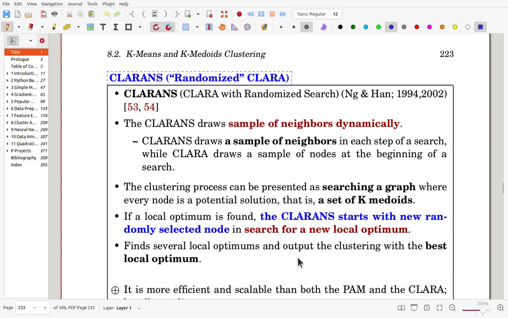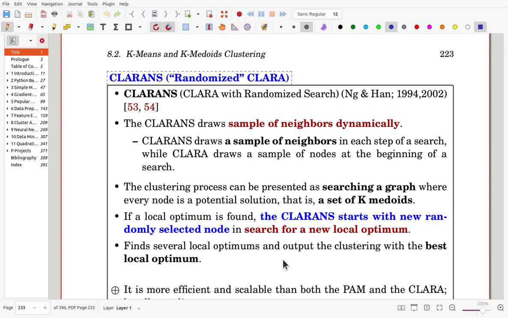Here we'll see a little bit more. The clustering process can be presented as searching a graph where every node is a potential solution, and if a local optimum is found, CLARANS starts with a new randomly selected node in search for a new local optimum.